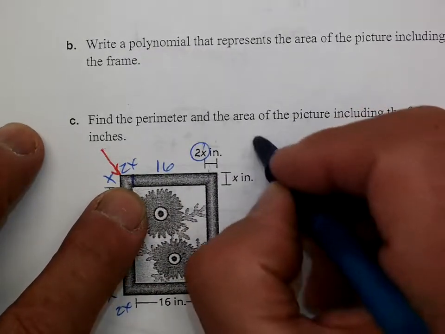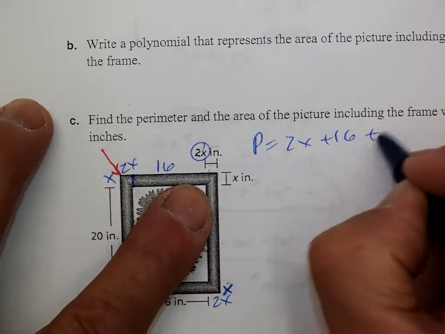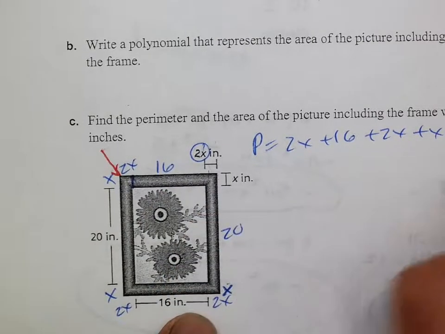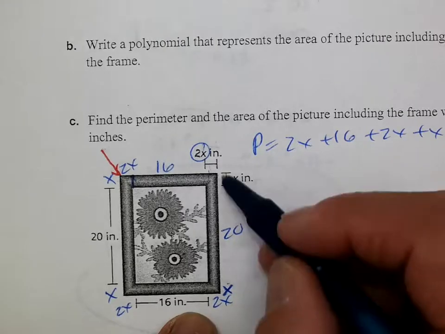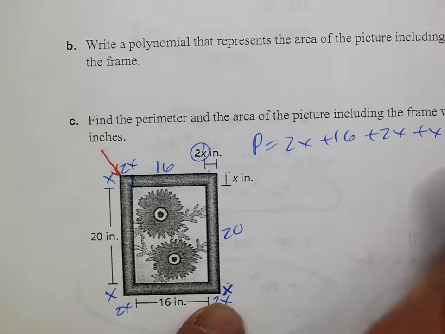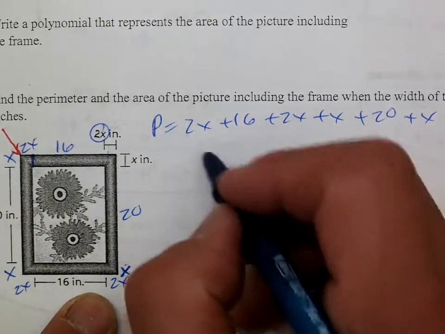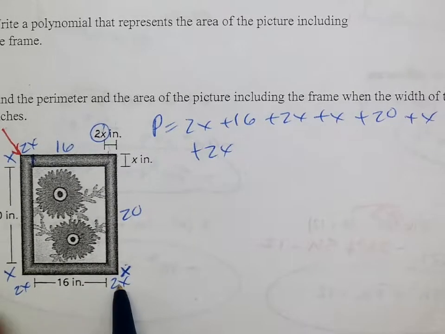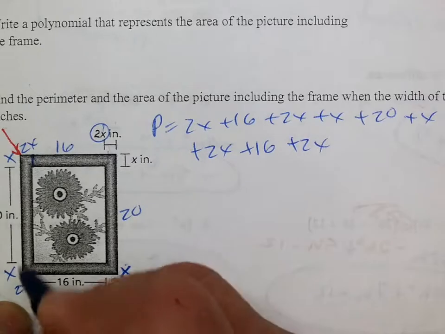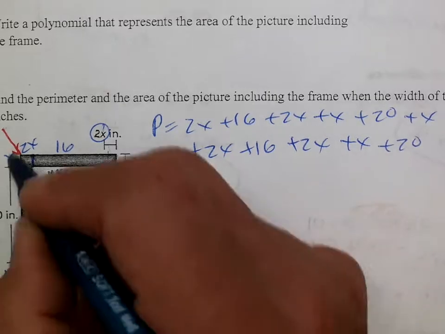I'll have 2x plus 16 plus another 2x plus an x plus a 20 plus a 20 plus an x, plus an x plus a 2x plus a 16 plus another 2x plus another x plus a 20, and then finally plus an x.